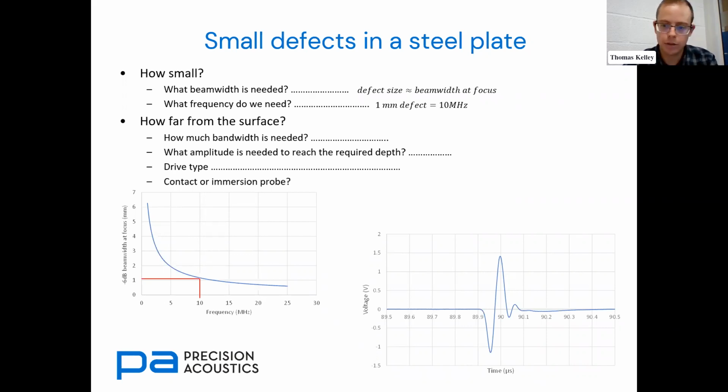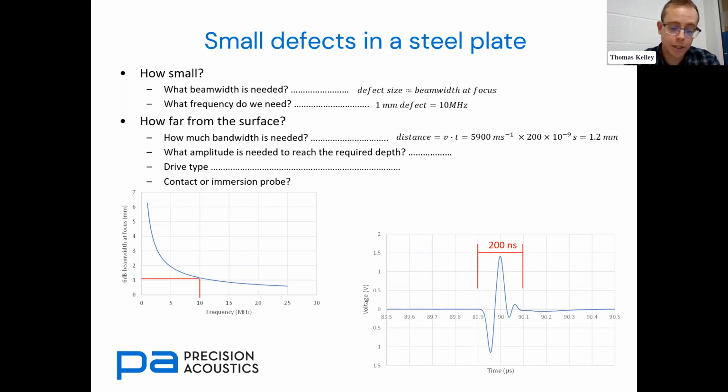So this pulse here, for example, it's the same as the one earlier. It's only 200 nanoseconds long, but in steel, that equates to about 1.2 millimeters at 5,900 meters a second. So a pulse duration any longer than about 200 nanoseconds is going to make it very difficult, without some signal processing, to resolve defects that are about a millimeter apart or closer.